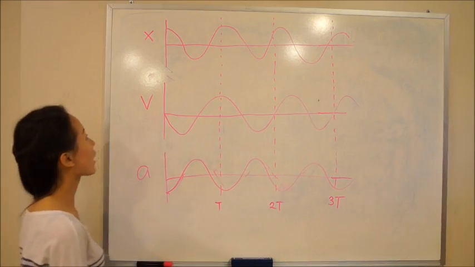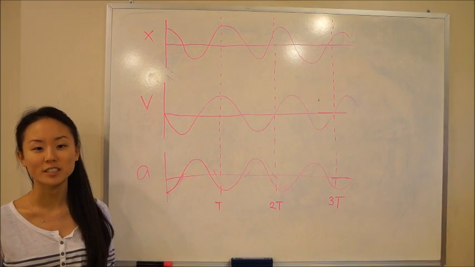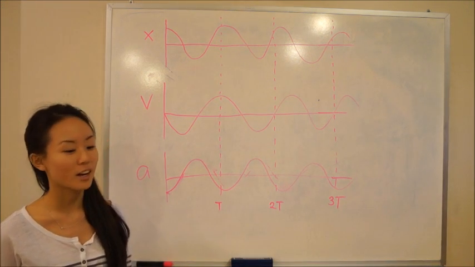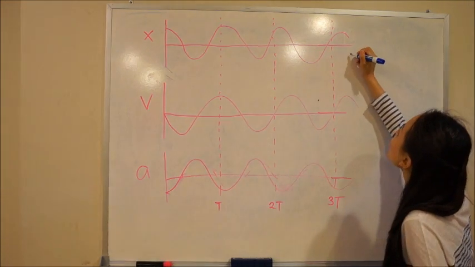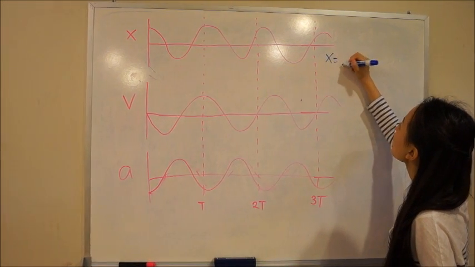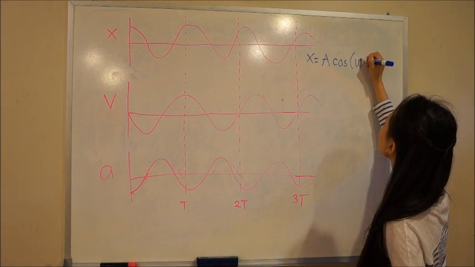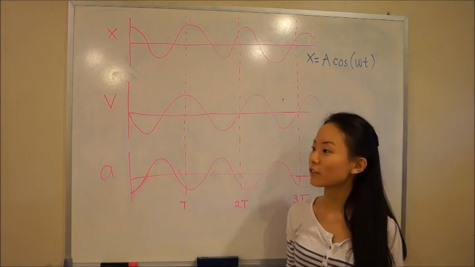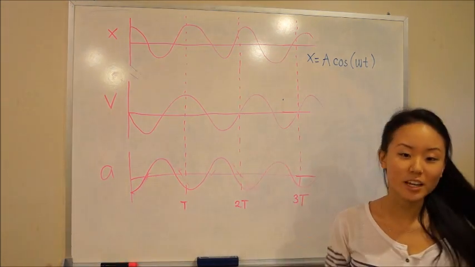Okay, so these three graphs show the position, the velocity, and the acceleration of an object in simple harmonic motion. The position of an object in simple harmonic motion is given by x equals the amplitude times the cosine of omega times t. And the equations for velocity and acceleration can be found by deriving the position equation.